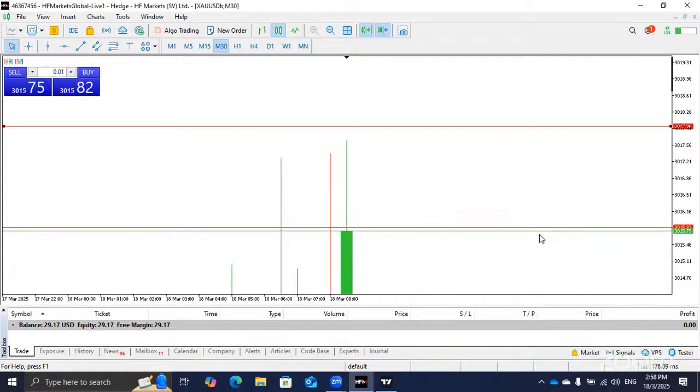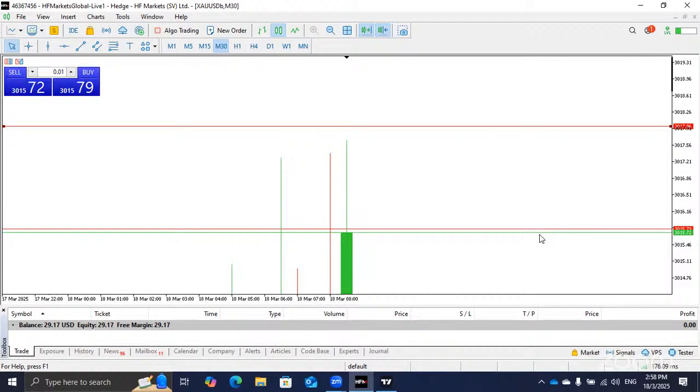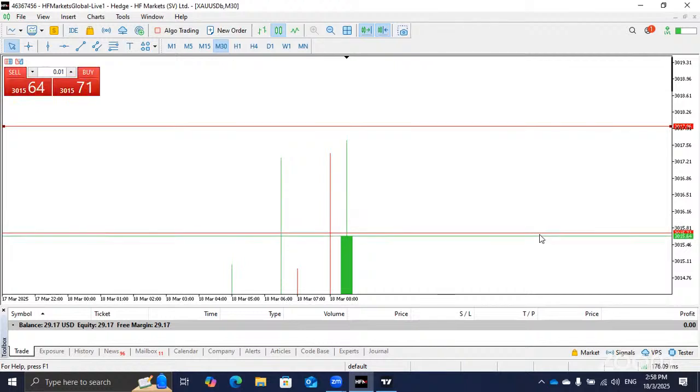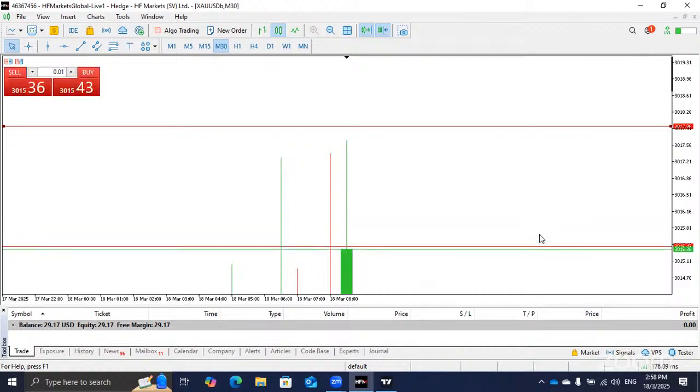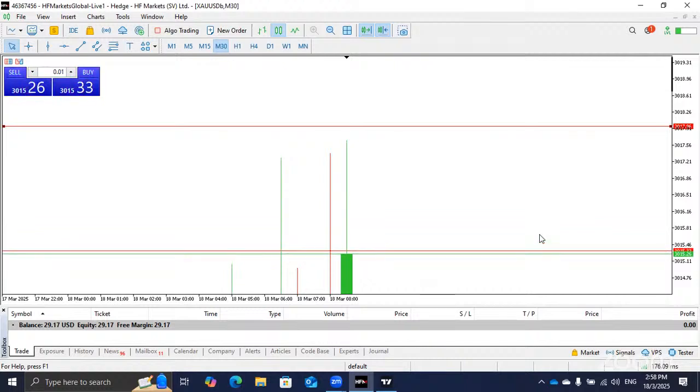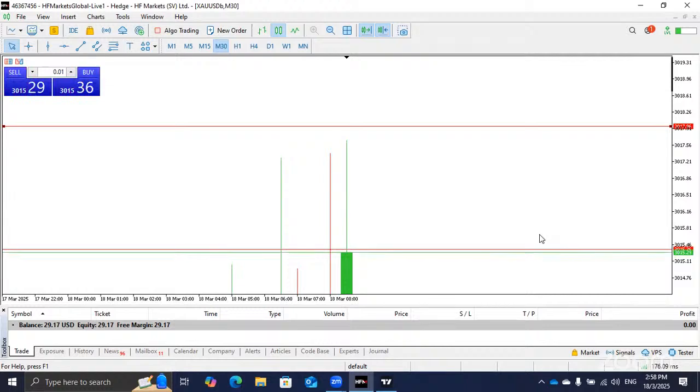Two minutes. If stop loss is too big, I'm not going to go into the buys. It'll be 30 pips right now.